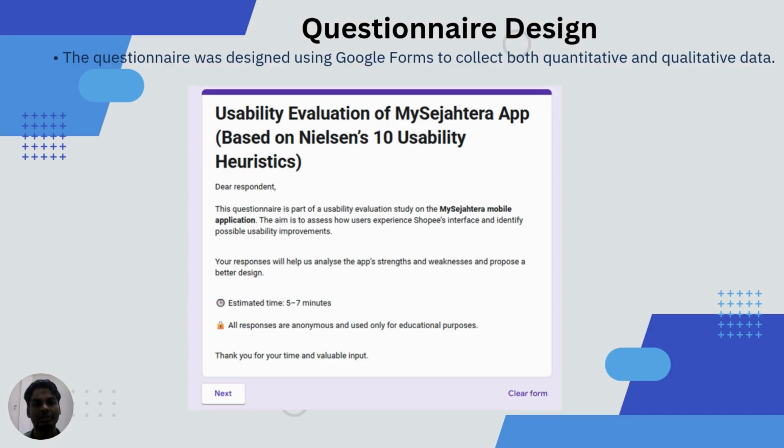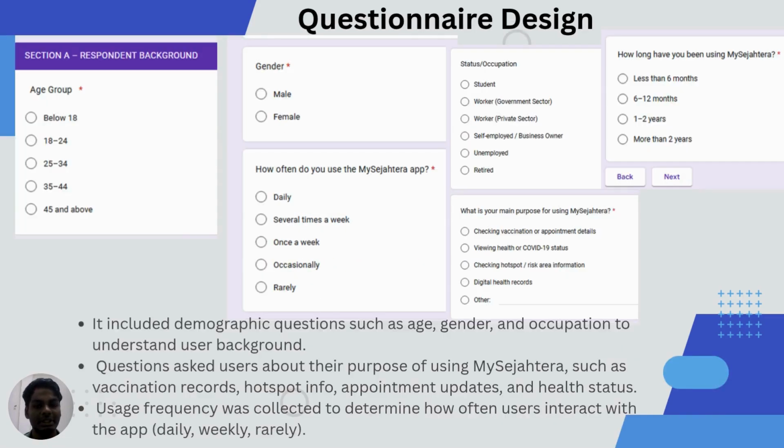Number one is questionnaire design. This is our design, our questions. The questionnaire was designed using Google Forms to collect both quantitative and qualitative data. It includes demographic questions such as age, gender, and occupation to understand user background.